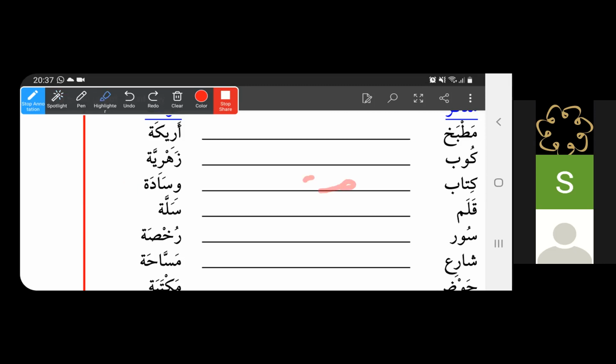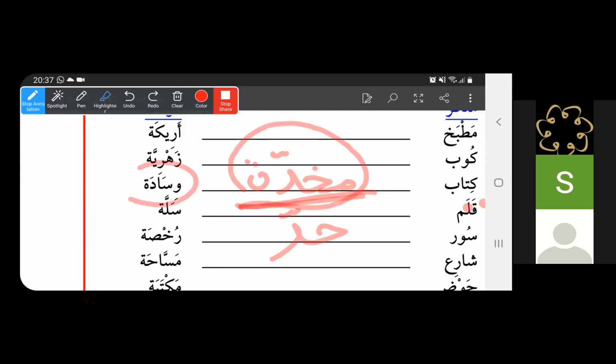Let me write for you, my dear students. مخدة. Now, I always like to go into a little detail because it helps you to remember. You know why it's مخدة? Because خد is your cheek. Where you are keeping your cheek when you are sleeping is called مخدة, meaning pillow. Or وسادة.